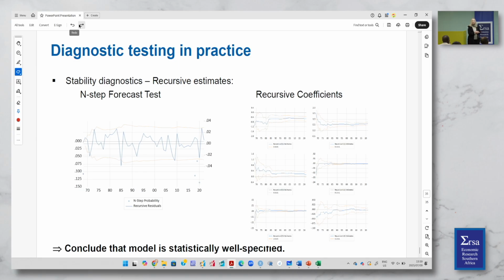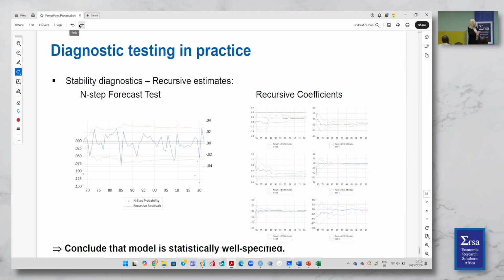Sometimes they will change. If you think about a production function, and the capital elasticities, if there's a move away from capital intensive production or towards capital intensive production, away from labor intensive, we will see those parameters trending in a certain way.